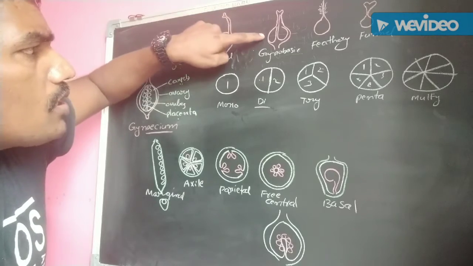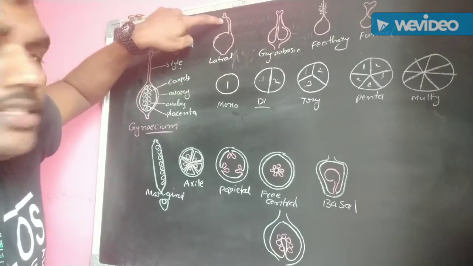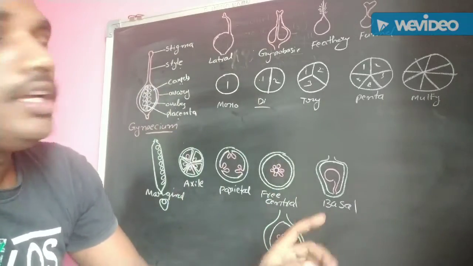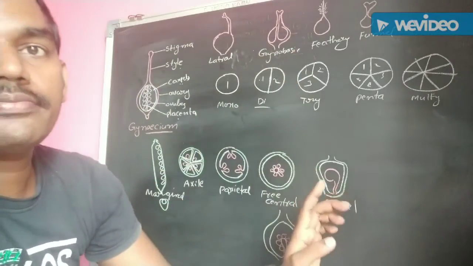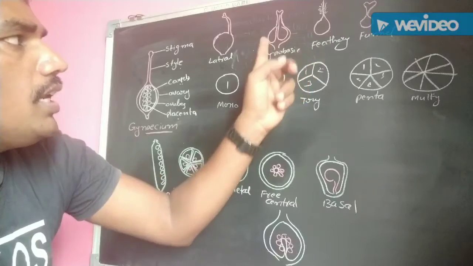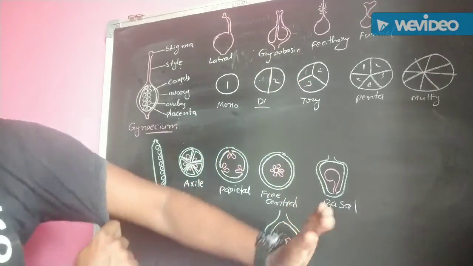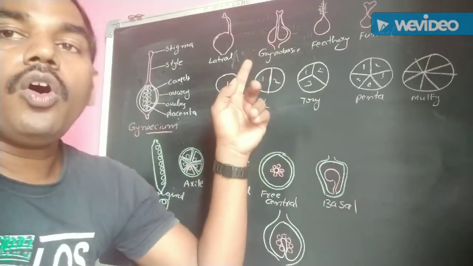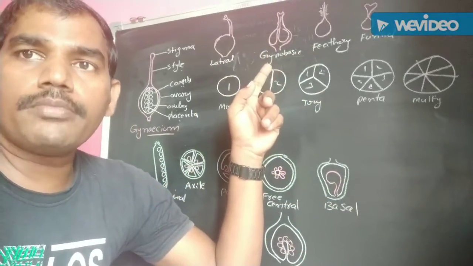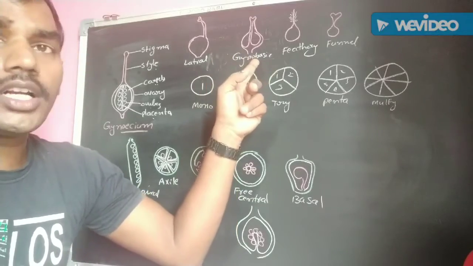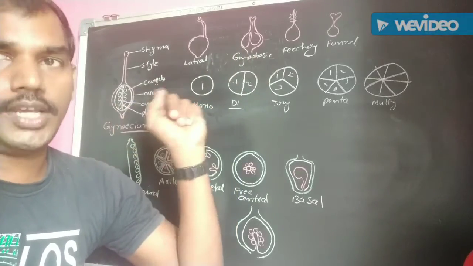In some species, the style is developed below the gynoecium region. This type of style is known as gynobasic style. Example, Ocimum sanctum, Tulsi.